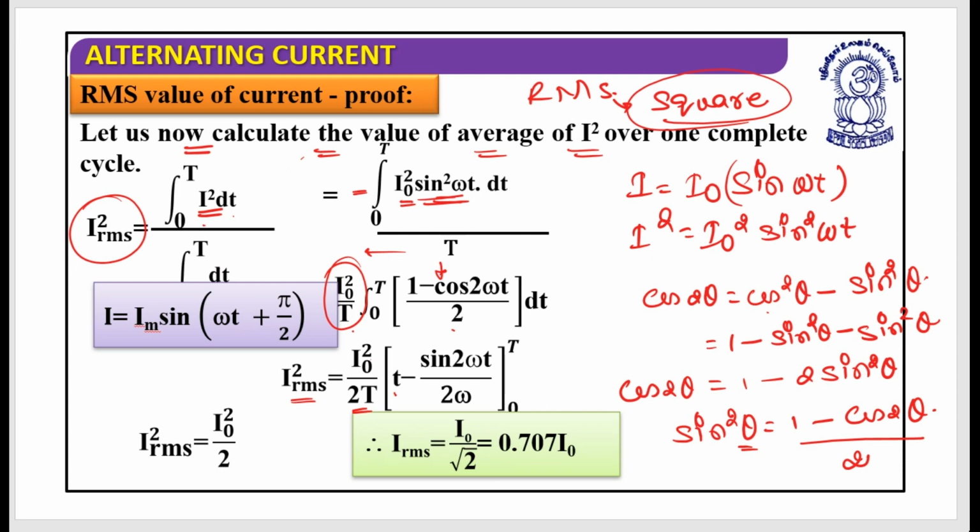It's T minus, where cos 2 omega t will be replaced by sine 2 omega t, and according to the chain rule, 2 omega would be there.